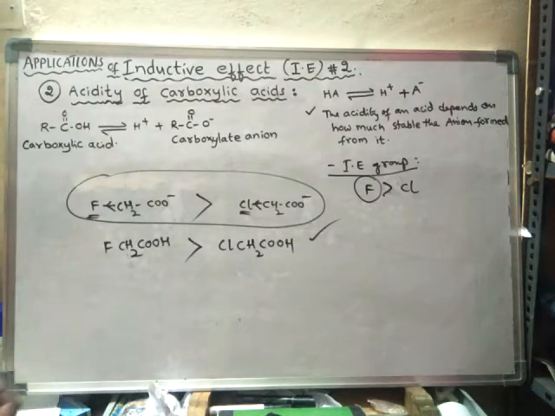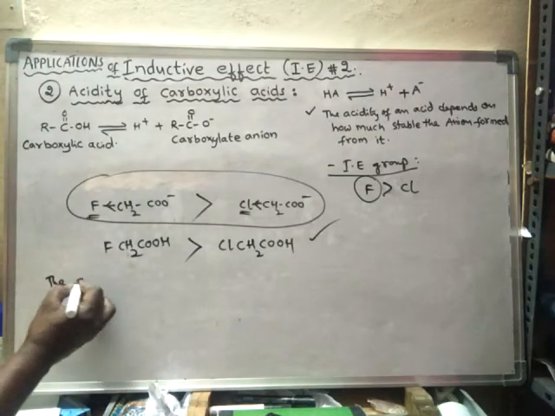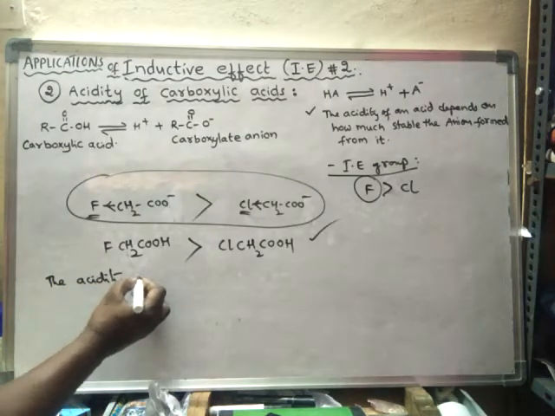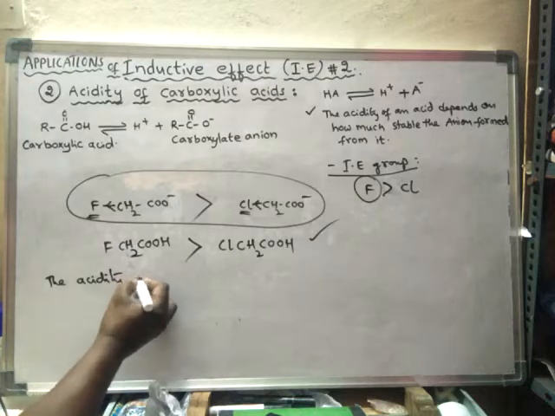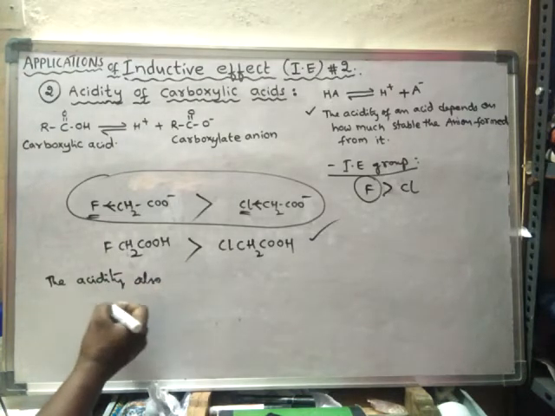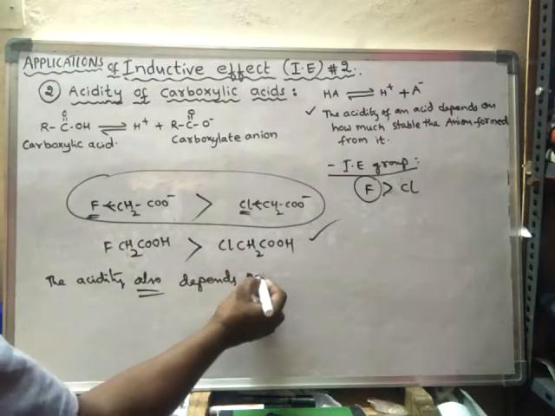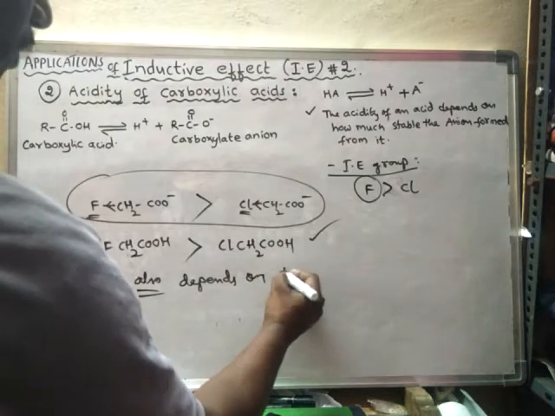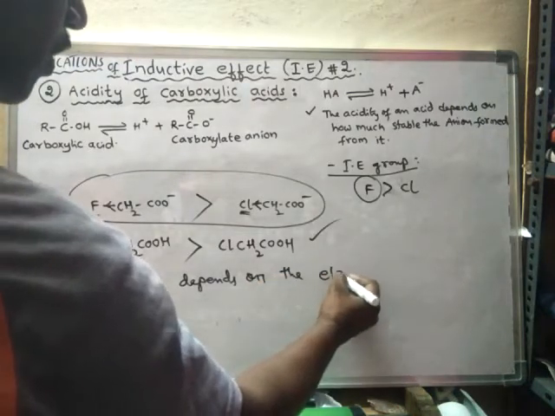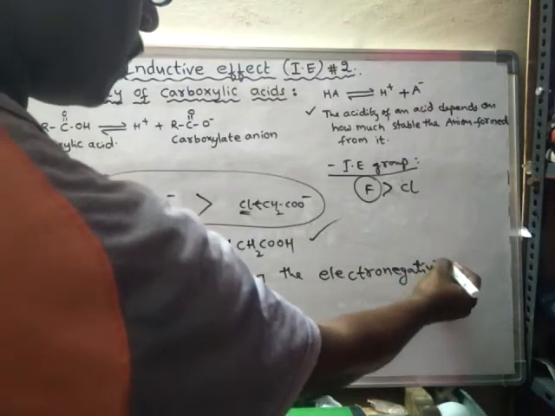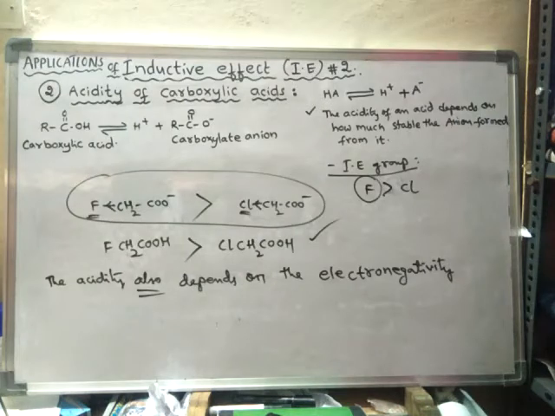So remember that the acidity also depends on the electronegativity of the group; the more electronegative group has more minus I value, that means it will show more minus I effect.